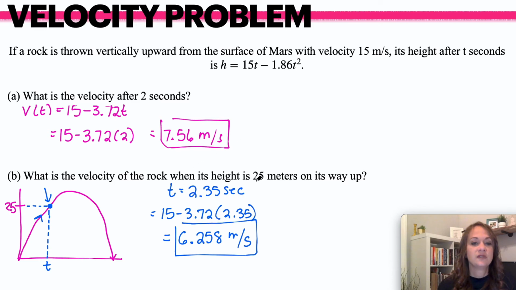So after 2.35 seconds, the rock is going 6.25 meters per second. That is how fast the rock is traveling at that point.